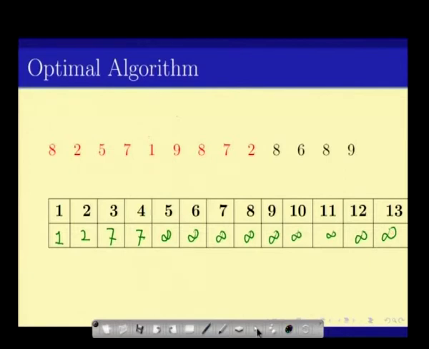Now, let us look at the next step. When we look at the next element, which is 8, we will be looking at the first element here which is smaller than 8, or the last element here, which in this case is at index 4.